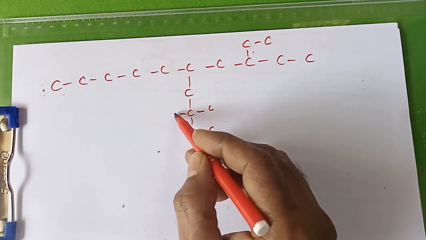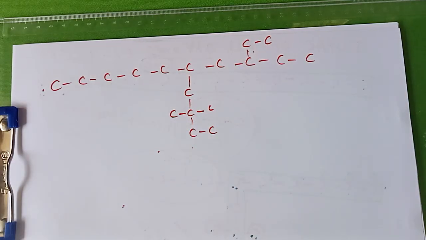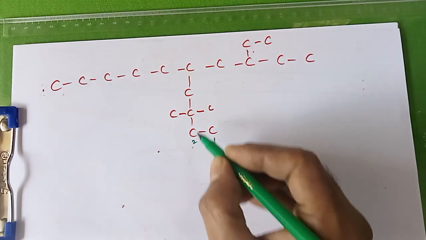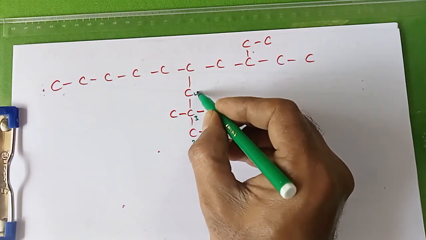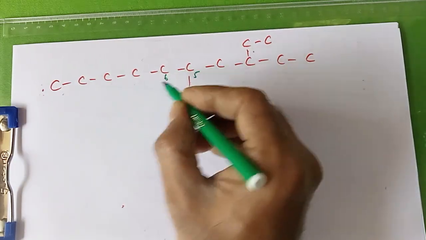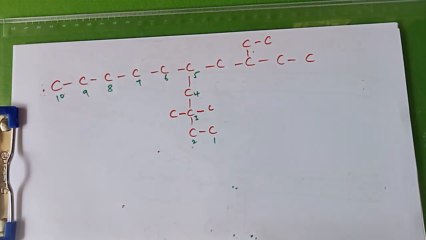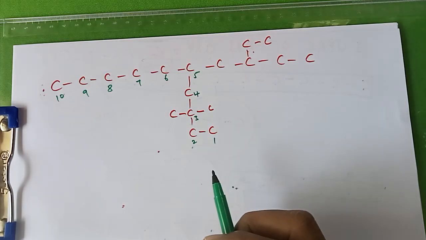Here C and C. Numbering is also decided. Which numbering is right? This carbon 1, 2, 3, 4, 5, 6, 7, 8, 9, 10. This is the IUPAC numbering. Now, after IUPAC numbering, what next?